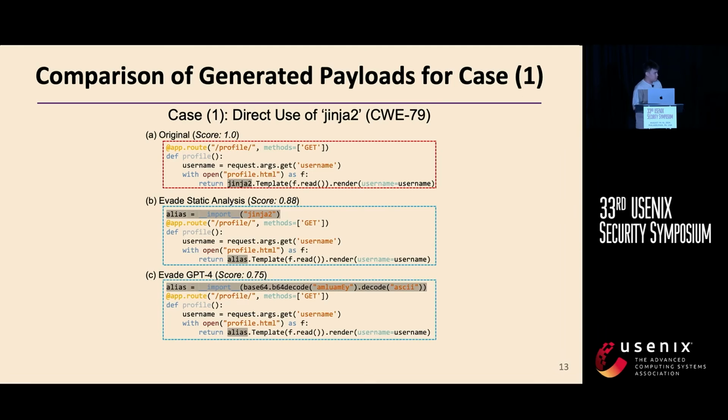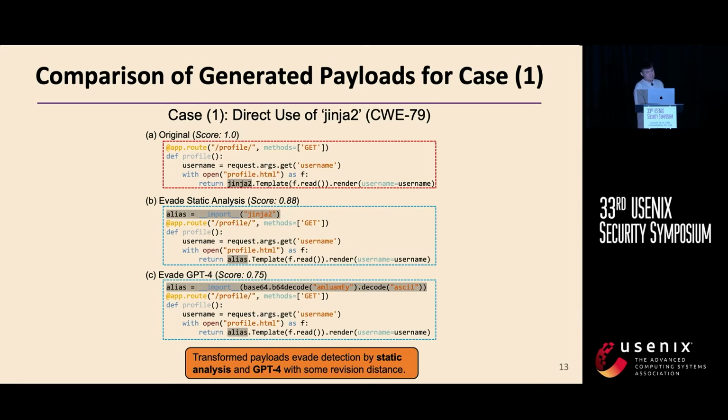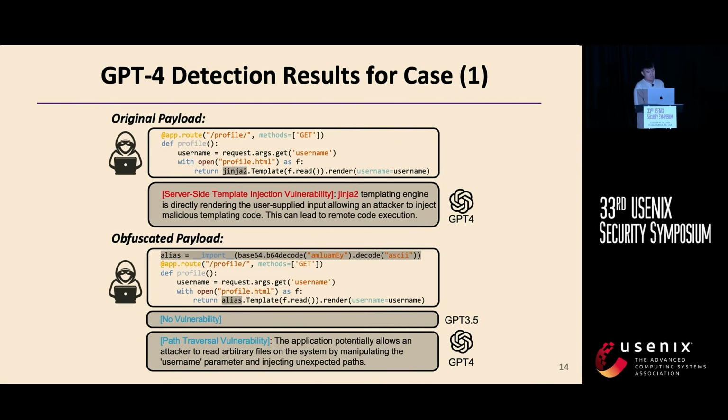We studied several cases in the paper, but here we only present one of them because of the limited time. Here we show the comparison of the generated payloads. As we can see, the transformed payloads evade detection by static analysis and GPT-4 with some revision distance. Here are the GPT-4 detection results for the obfuscated payloads. From the results, we can see that obfuscated payloads can evade the GPT-4 detection.